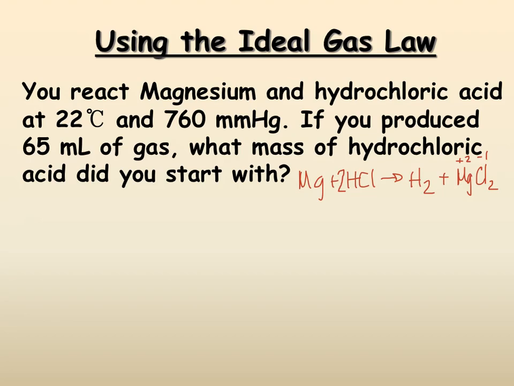Okay, so first thing what we need to do stoichiometry is we need to get ourselves to moles. The ideal gas law will take care of that for you. So we're going to have, let's see, PV equals nRT. We know pressure, temperature, volume, and R, of course.